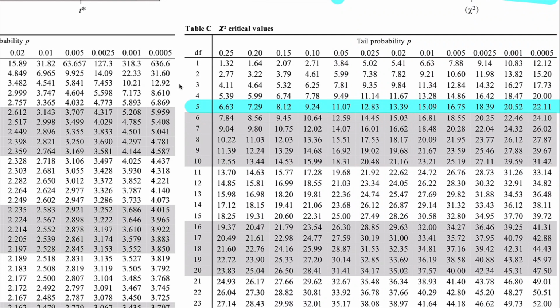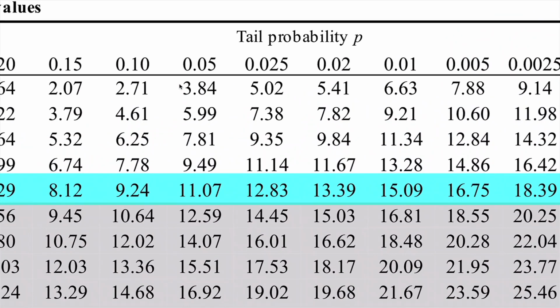Well, let's say I have a chi-square in between those. So let's say my chi-square was 13.01. That's in between here, right? So that means your p-value is going to be in between here. So it's going to be between 2% and 2.5%. That's as close as we can get.